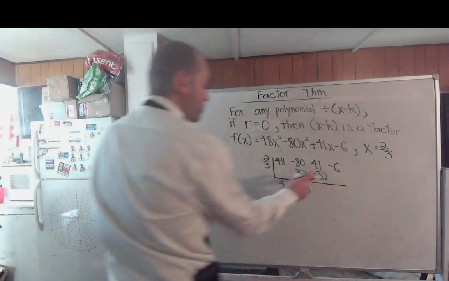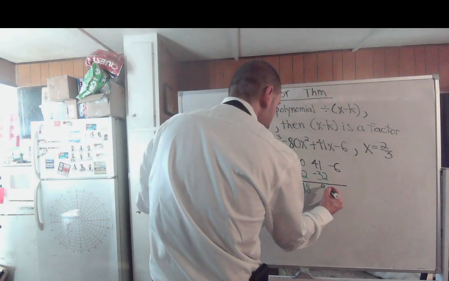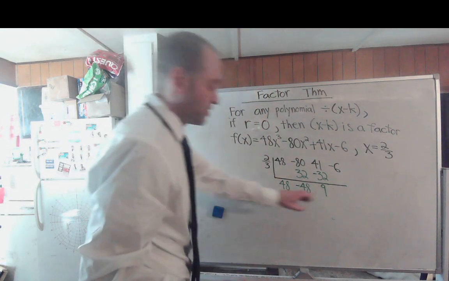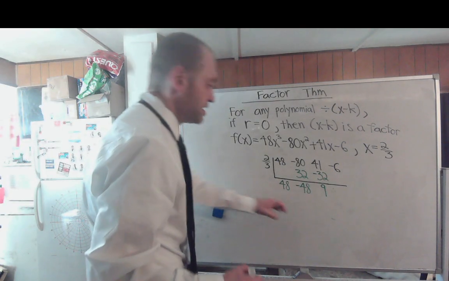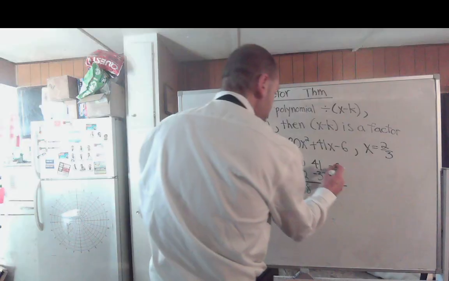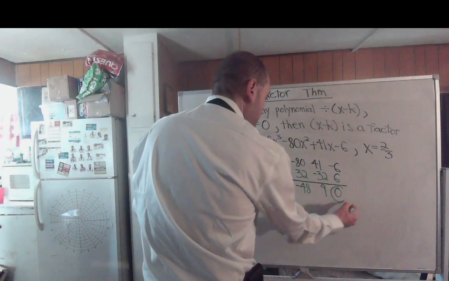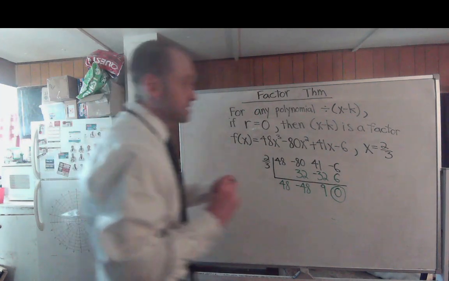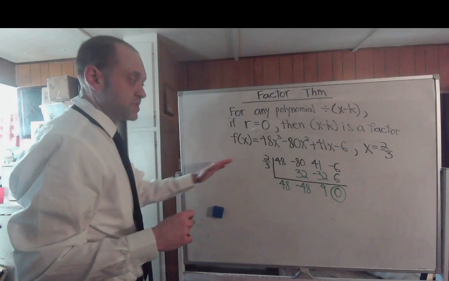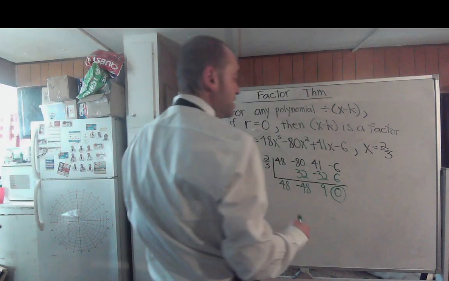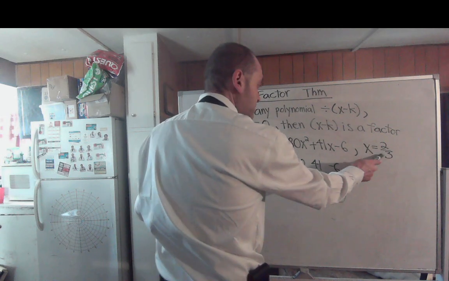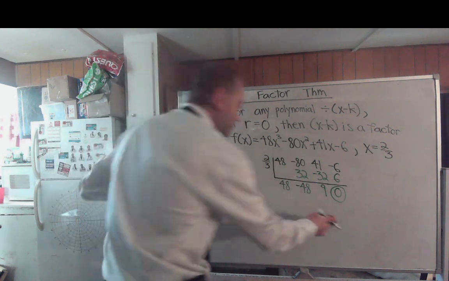All right, so what's 41 minus 32? That's 9. So then what's 2/3 of 9? Well, you're going to end up having 6. Negative 6 plus 6 is 0. So there's your remainder of 0, which means that x minus 2/3 is a factor of this polynomial, and by the remainder theorem that f of 2/3 equals 0.